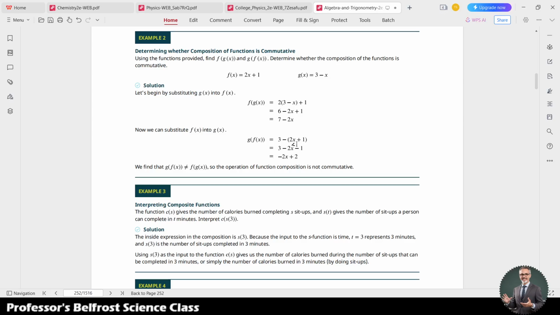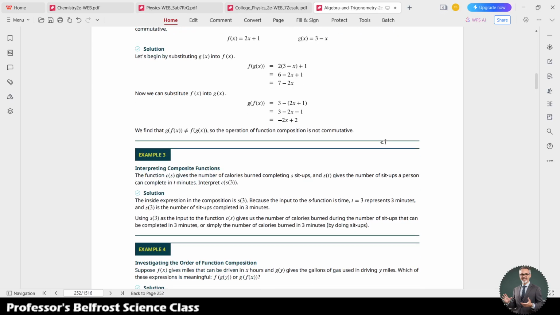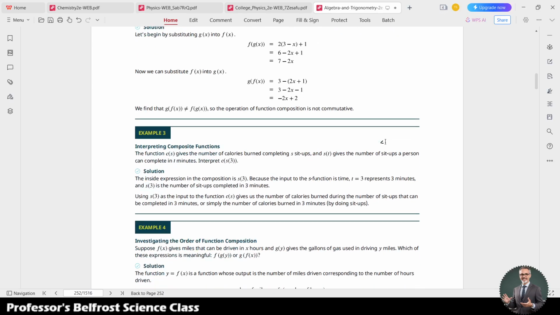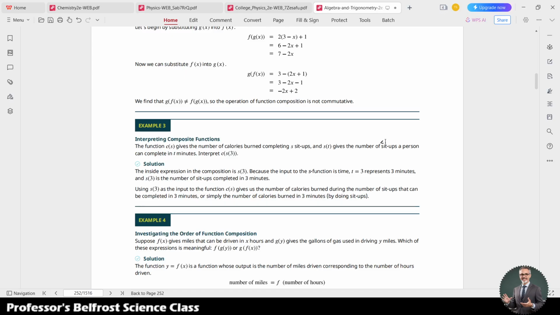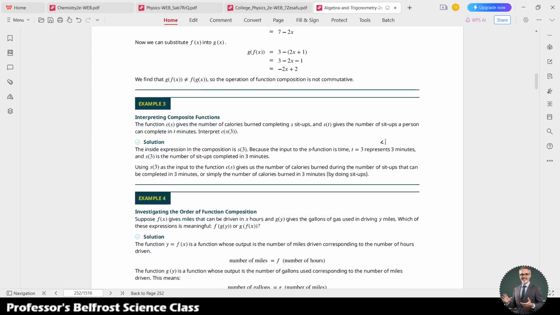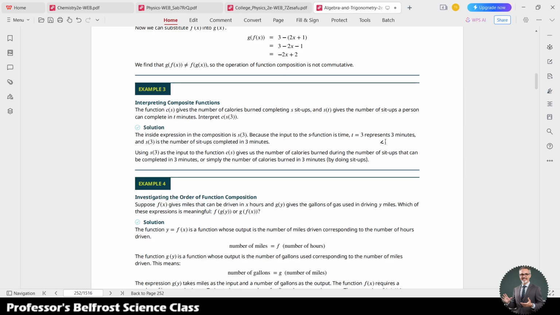It means that the result is 2 minus 2x. So for sure, these two have different results, and it means that the operation of function composition is not commutative. But even so, you will find that sometimes the composition is commutative. It is only under specific conditions. It's not applied to all other circumstances.